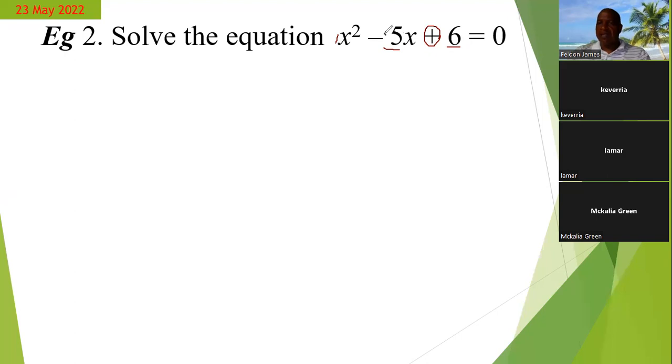The sign of the middle term tells you which. Because the middle term is negative and the last term is positive, the two numbers are going to be negative. If the middle term was positive, then the two numbers would be two positives.